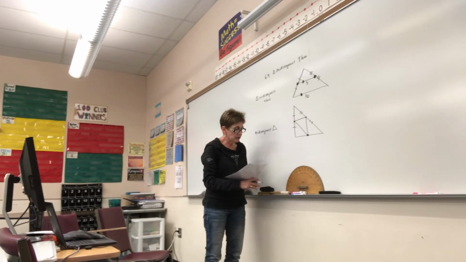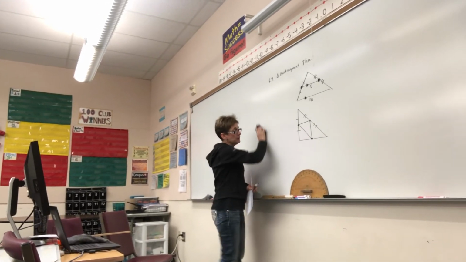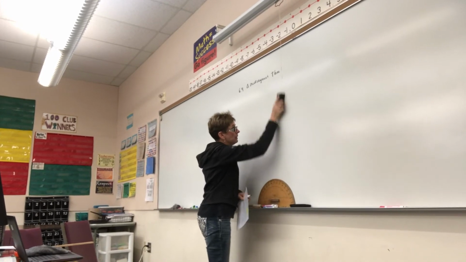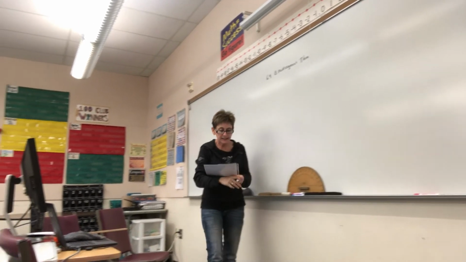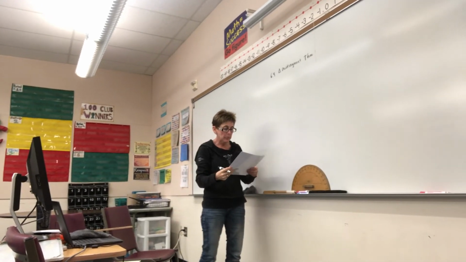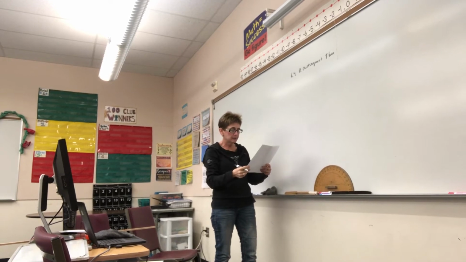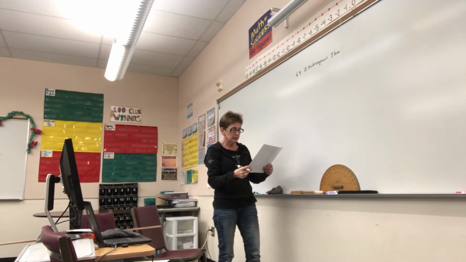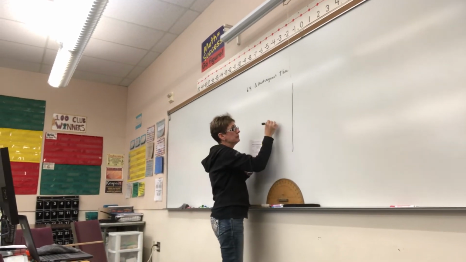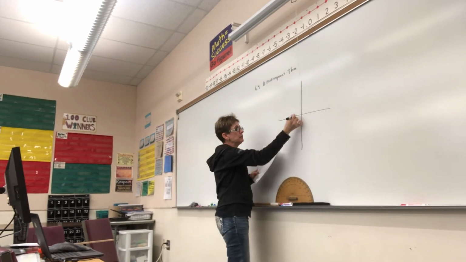Now, I want to just do one large example with you for the notes on this. I'm only going to do one example because we're going to need to graph this and use a couple different formulas. So let's take a look at triangle ABC, and we're going to graph it on the coordinate plane. I'm going to graph the points at -3, 6.